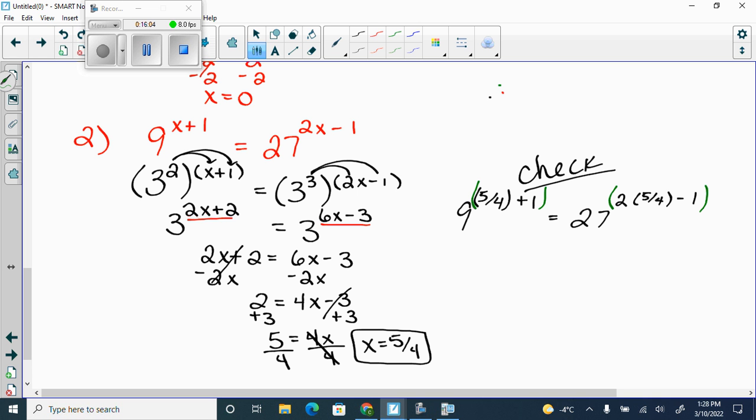Did everyone get the same decimal on both sides?